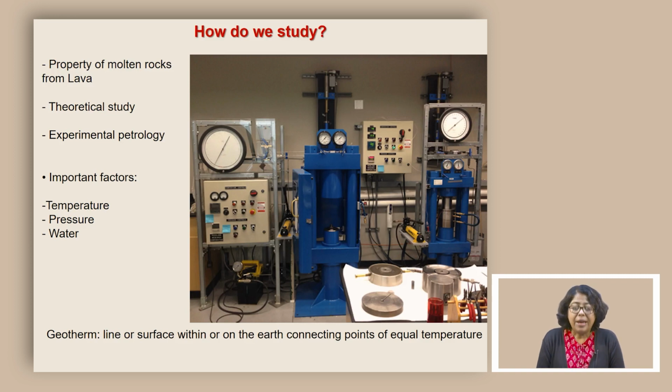But a more direct and controlled setup is experimental petrology, where we study the rocks in an experimental setup and we control the temperature and other physical properties to observe the change.